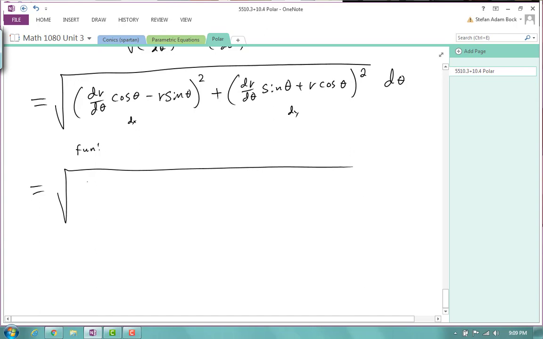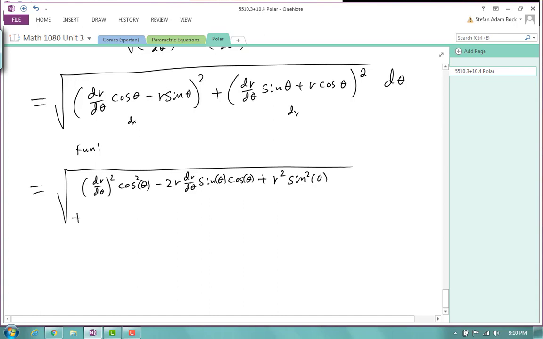I'm going to have dr d theta squared cosine squared of theta minus 2r dr d theta sine of theta cosine theta, which I could rewrite as sine of 2 theta, but I don't think it'll help yet, plus r squared sine squared of theta.